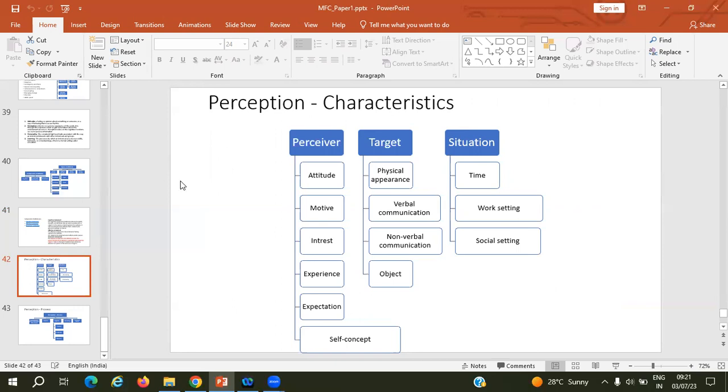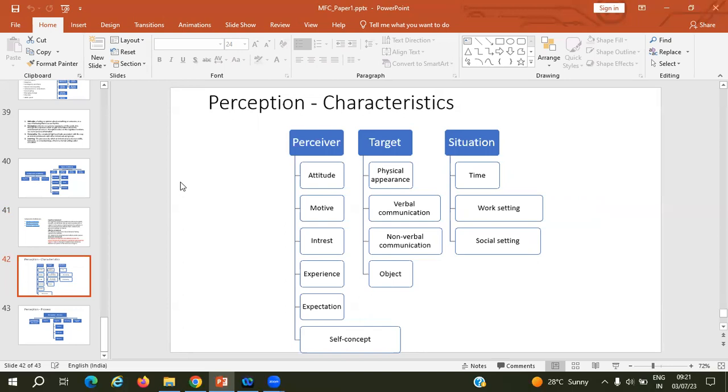I was telling what is the difference between perception and attitude. The main difference is perception is very much internal. You are thinking, you cannot see, the only thing you can do is visualize or feel that whenever you understand there is a perception.